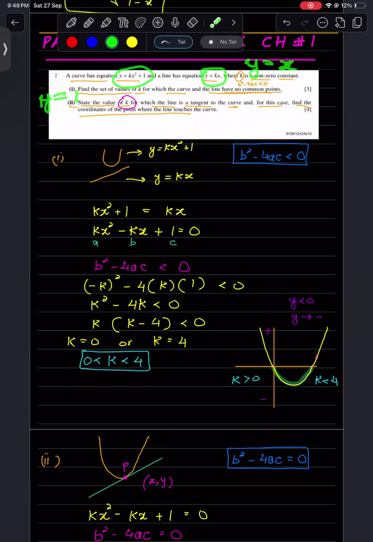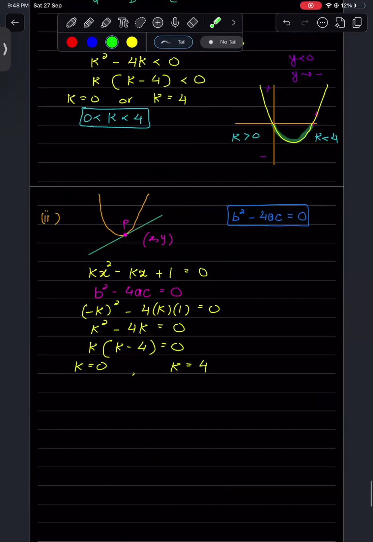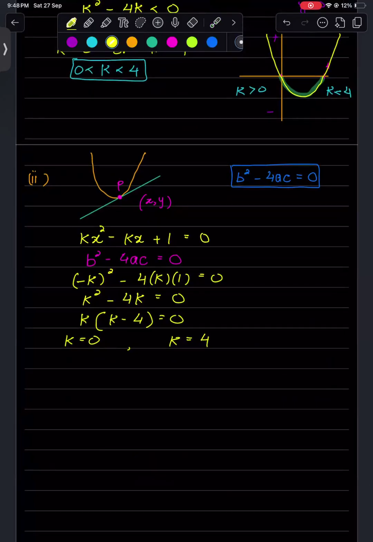You don't want this. It's a legit curve, a parabola, and the other is a straight line. So the value where k is equal to 0 is dropped. We cannot consider it. It is rejected.